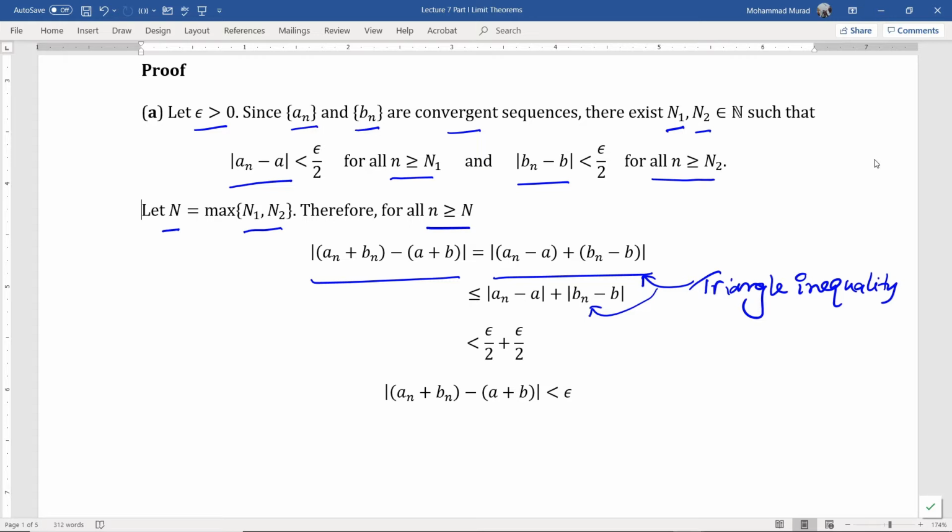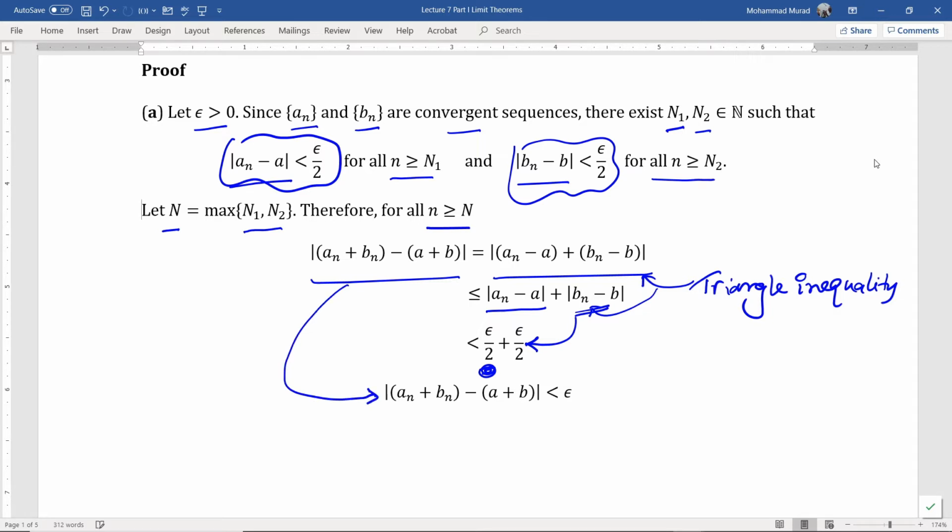Now, the absolute value of a sub n minus a is smaller than epsilon over 2 from here, and the absolute value of b sub n minus b is smaller than epsilon over 2 from here. So the quantity on the left-hand side is strictly smaller than the quantity on the right-hand side.